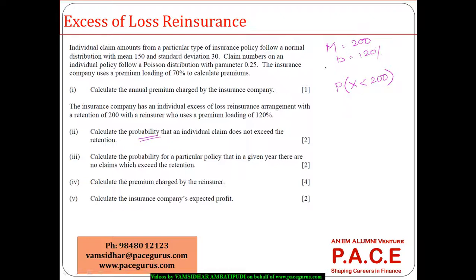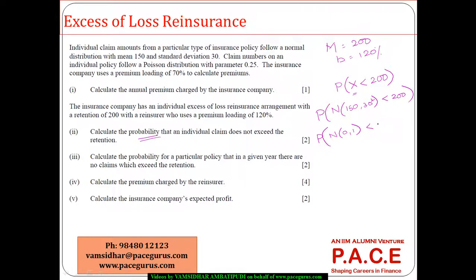So I really want to find this out, and I know that X follows a normal distribution. So the probability that N(150, 30 squared) should be less than 200. So we can subtract the mean and divide by the standard deviation, converting it into a standard normal distribution.